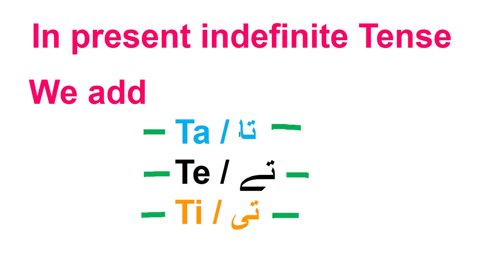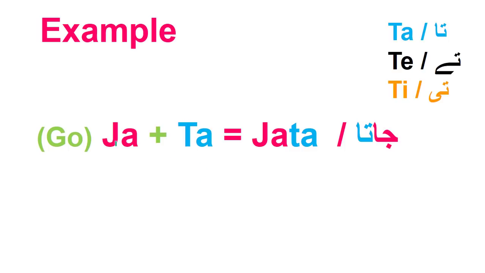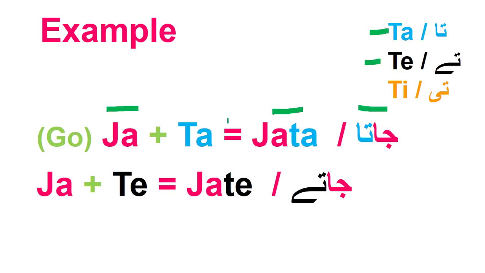First I will teach you how to add, then I will teach you what is the difference between ta, te and ti. Number 1. The verb go is ja and we add ta. It becomes jata. If we add te to the root of the verb, ja plus te, it becomes jate.